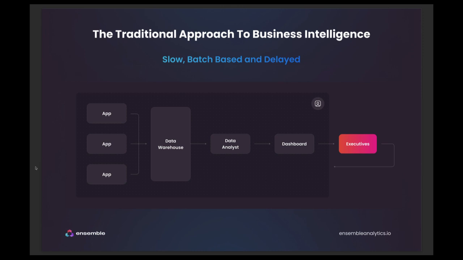Now, one of the many problems with this setup is just how slow and delayed it all is. So it's all based on this idea of, maybe every 12 or 24 hours you would extract data from these sources. Then after some more time has passed, you would load it into your data warehouse and do some transformations to make it ready for reporting and analysis.